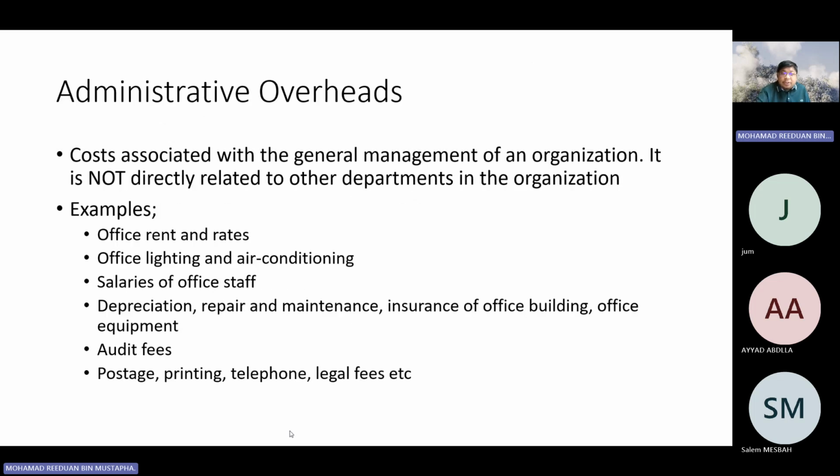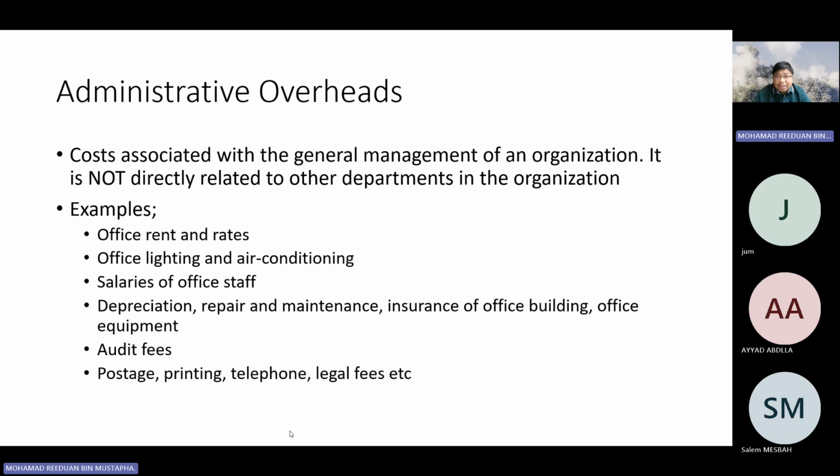Okay, so the administrative overhead consists of costs associated with the general management of an organization, so it's not directly related to other departments in the organization. Examples are office rentals, office lighting and air conditioning, salary of office staff, depreciation, repair, maintenance and insurance of the office building and equipment, audit fees, postage, printing, telephone, and legal fees.